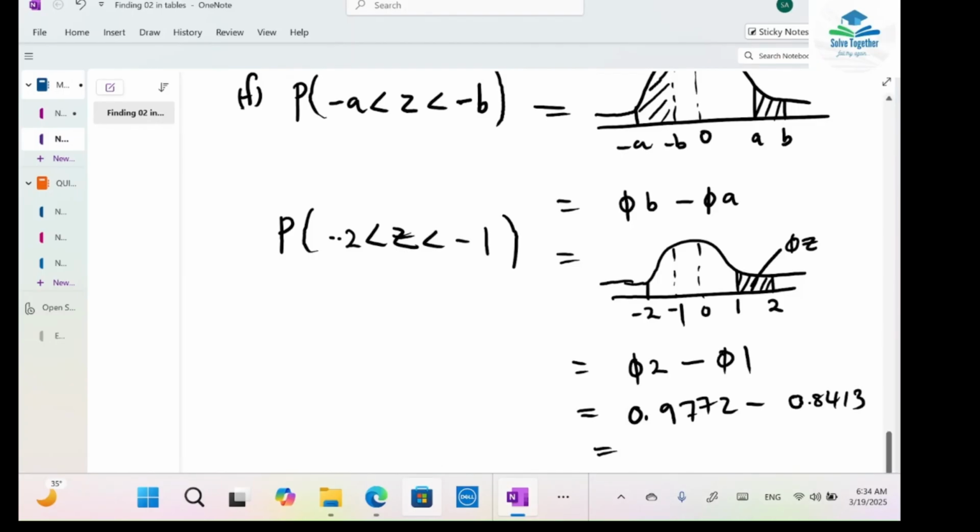After subtracting these two, 0.9772 minus 0.8413, this will be 0.1359.